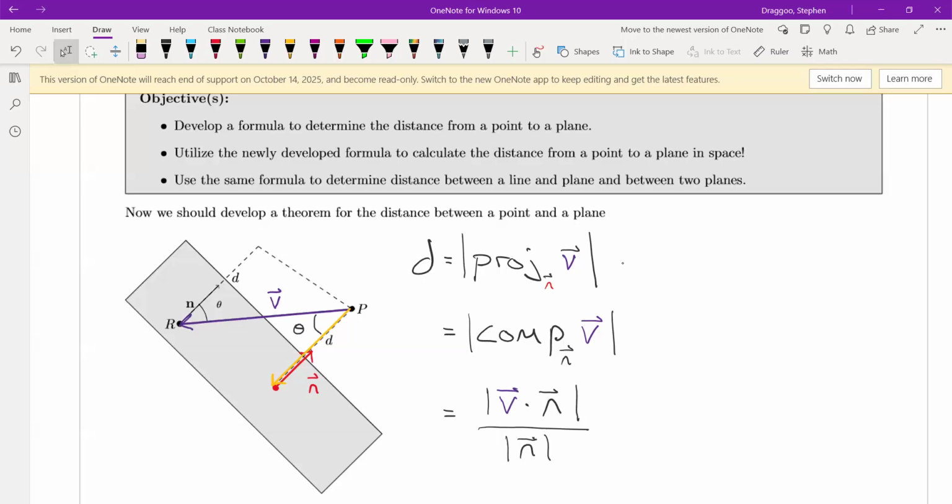But to find the point of intersection between that orthogonal line and the point that's out in space, I'd need to find the line first. So finding it is going to be rather hard, but I could take any point that is on the plane, not necessarily the one that's closest to the point. I don't need the point on the plane that is closest to my point in question.